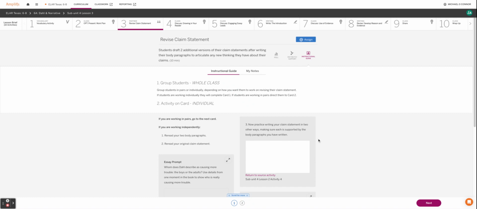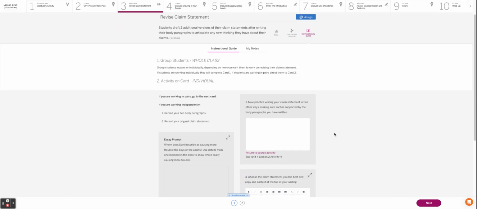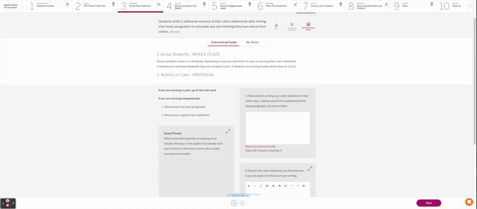Now you are going to practice writing your statement in other ways. Make sure your claim statement that you wrote is supported by your body paragraphs.